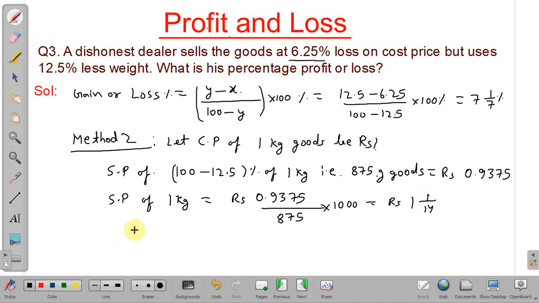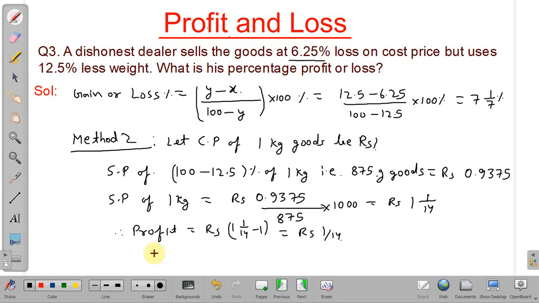So what is selling price, then profit is equal to rupees 1 1 by 14 minus 1, and it will be rupees 1 by 14.